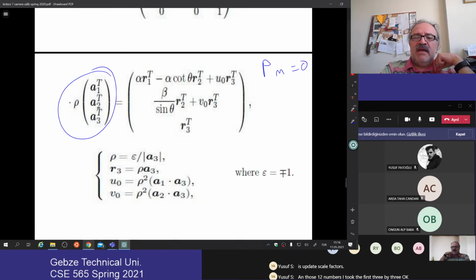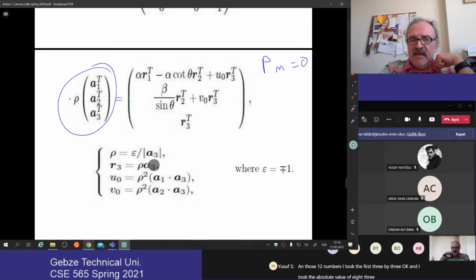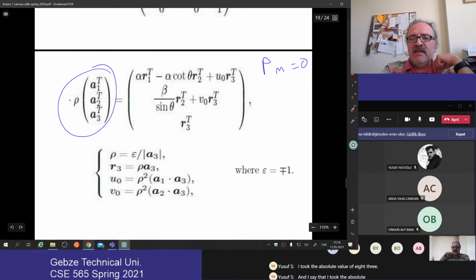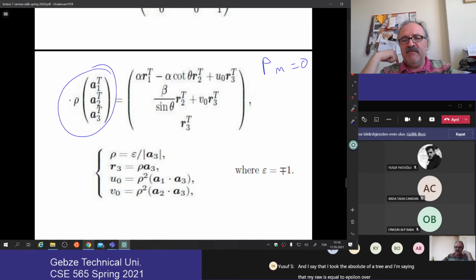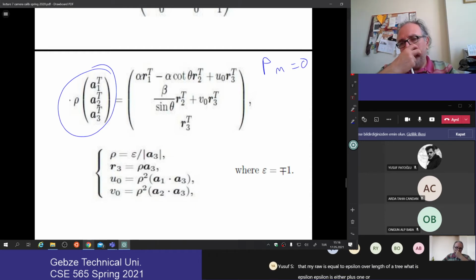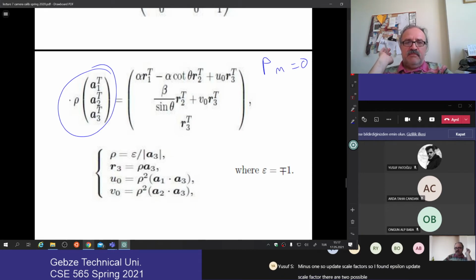And I took the absolute value of A3. And I am saying that my rho is equal to epsilon over length of A3. What is epsilon? Epsilon is either plus 1 or minus 1. So up to a scale factor, there are 2 possible epsilons. So I have not yet solved this epsilon.